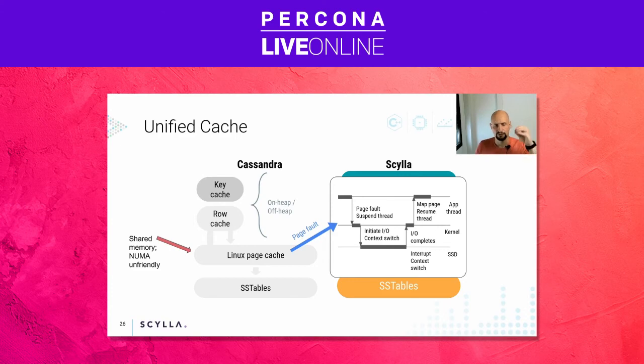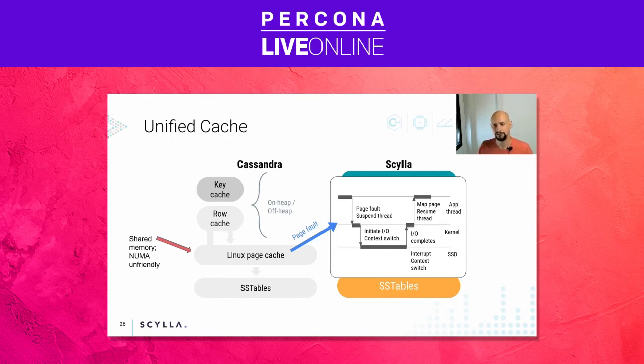If you look inside the kernel, what happens when you get a page fault, meaning that you look for data and it's not in RAM, is that you get a context switch, and the kernel suspends your thread momentarily and then reads from disk. When it's done reading from disk, it resumes your application thread. But in the meantime, it's free to run other threads on that core. So you might be resumed on a different core even, and you don't have control of this.